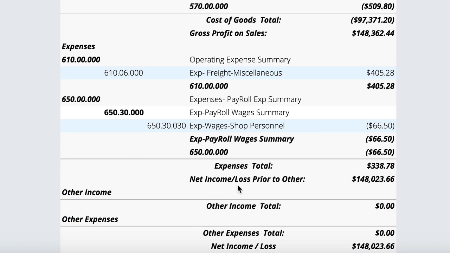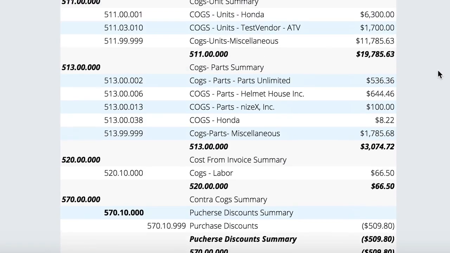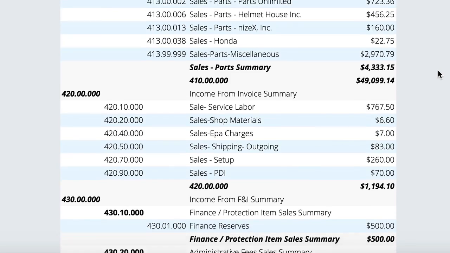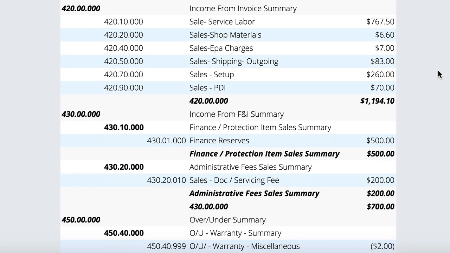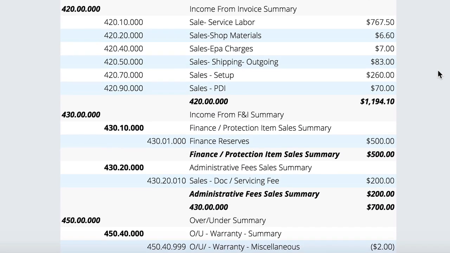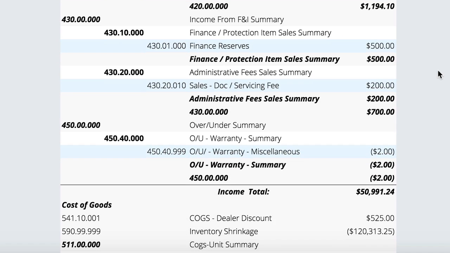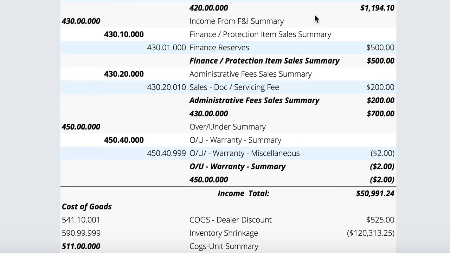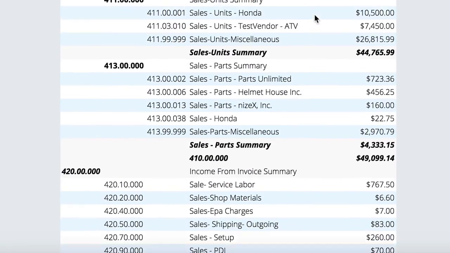So the P&L is a very, very handy thing to look at. It also allows you to make sure that your profit margin is what it ought to be, so that you're not losing money and that you don't have certain vendors that are lower than they should be, so that you can go through and research those.